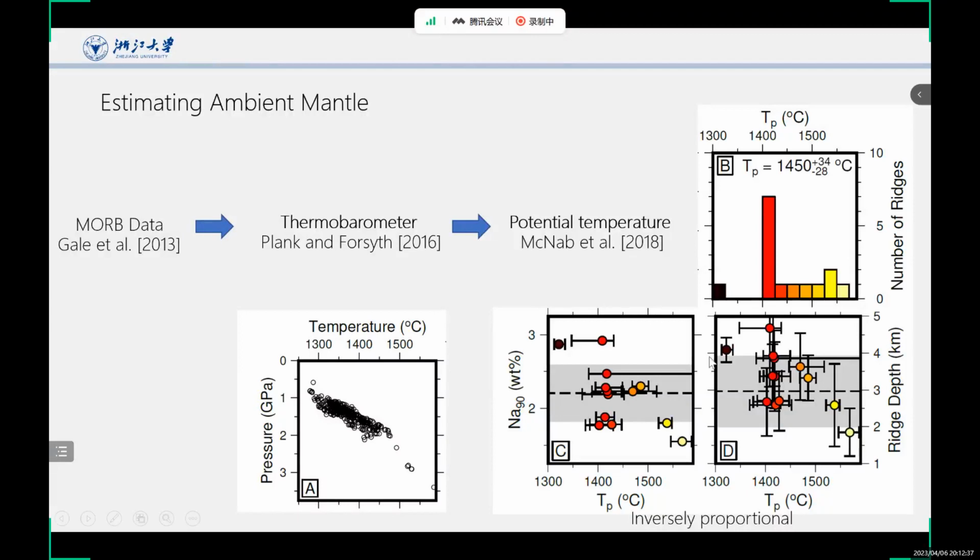And they found the potential temperature has a negative correlation with the Na 8.0 and the ridge depth. And that is according to the traditional, previous research, and they think their model fits this case study.